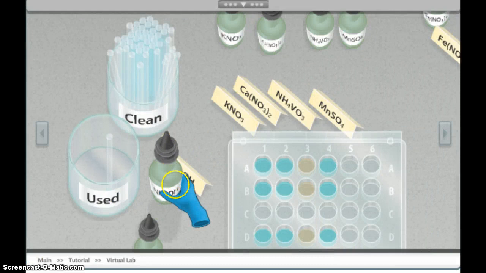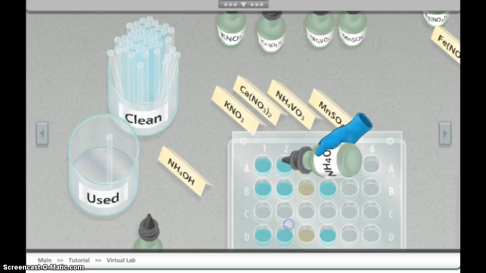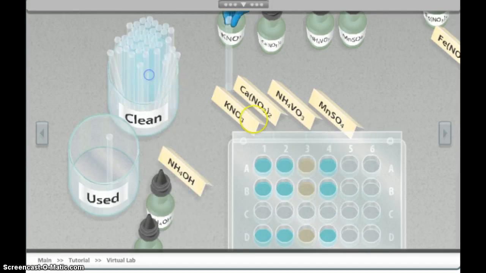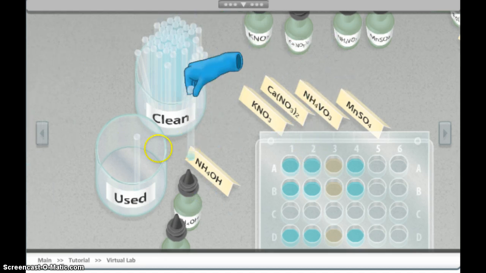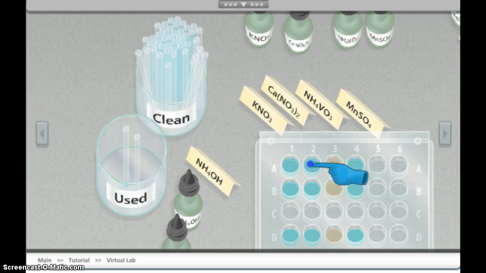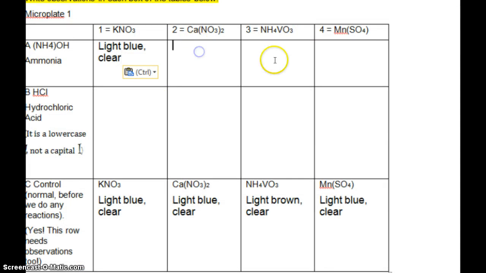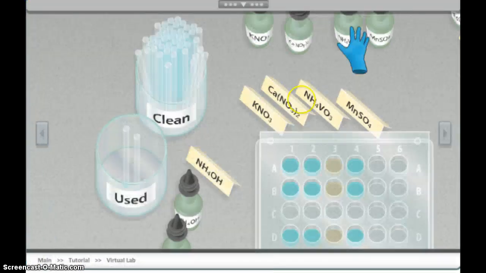All right, let's do the next one. And I added ammonia to our calcium nitrate. Stir. And check the side view just to make sure. And what should we write for that observation? Same thing, light blue clear.